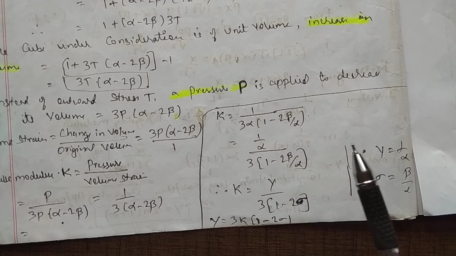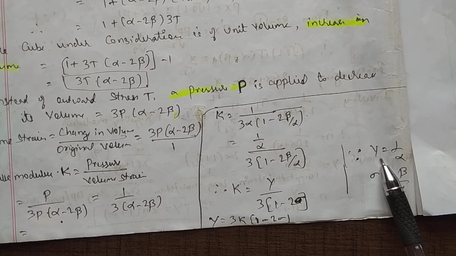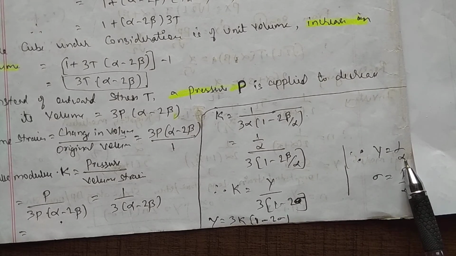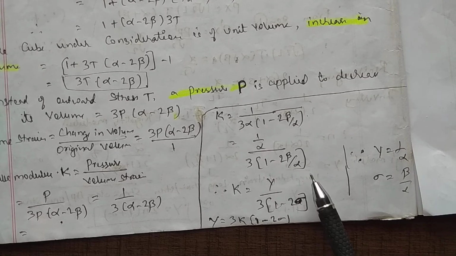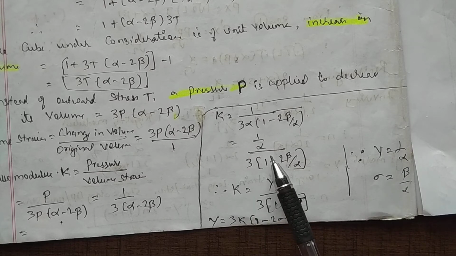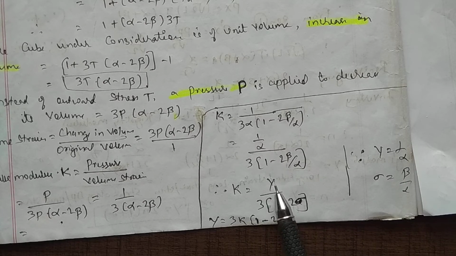In the previous derivation we have seen the Young's modulus Y is equal to 1 by alpha and sigma is equal to beta by alpha. So substituting these Y and sigma in this equation, K is equal to Y divided by 3 into 1 minus 2 sigma, or simplifying we get Y is equal to 3K into bracket 1 minus 2 sigma.